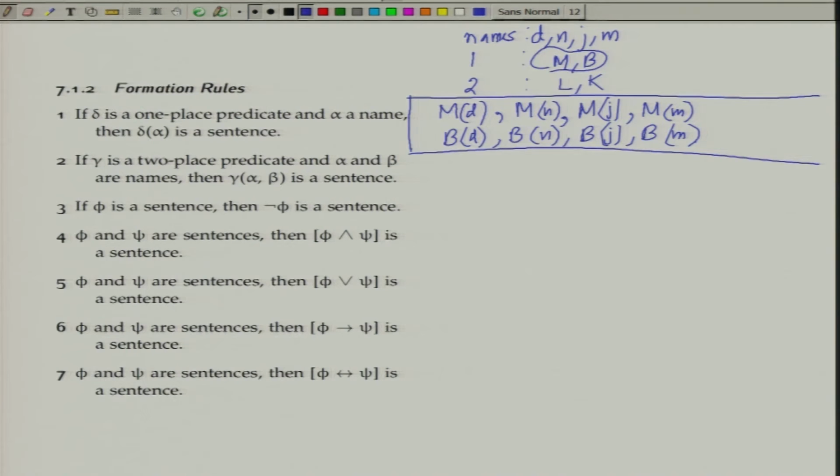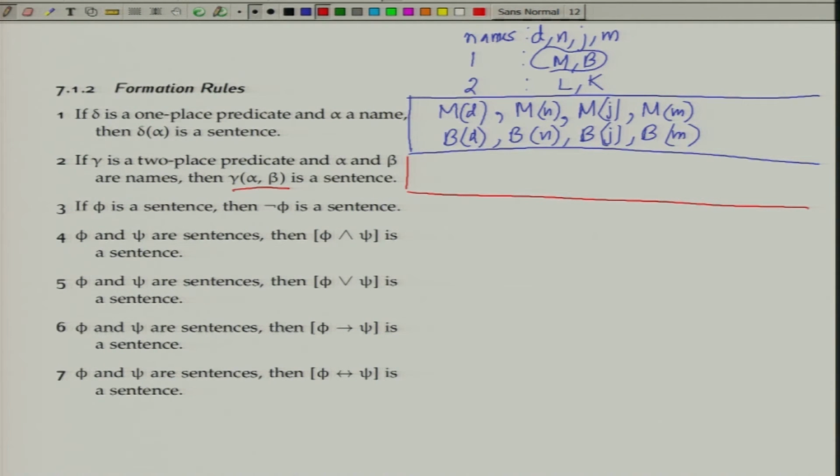Now we go to the second, and that says that if gamma is a two place predicate and alpha and beta are names, then gamma alpha beta, which is this structure, is a sentence. So now we can take LK or whatever. Now we have a lot more sentences in this segment.